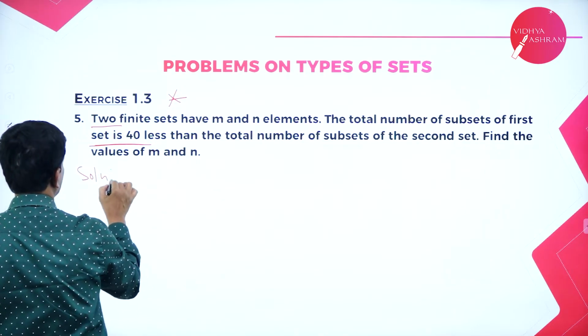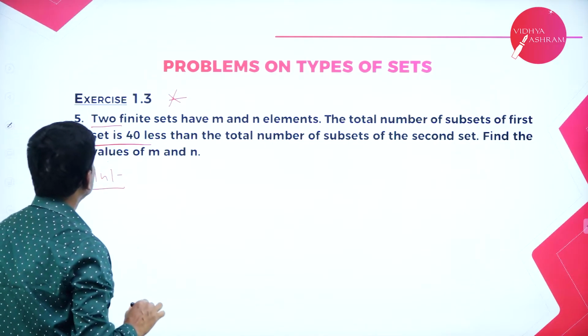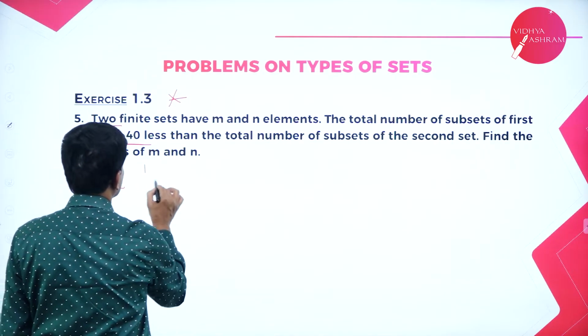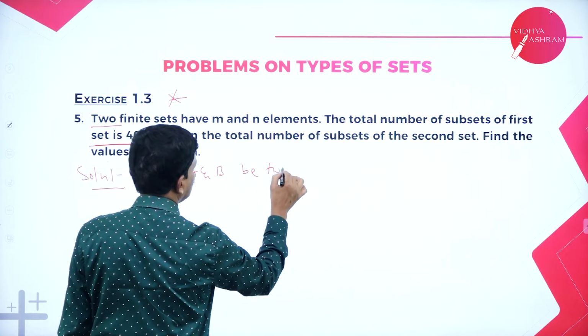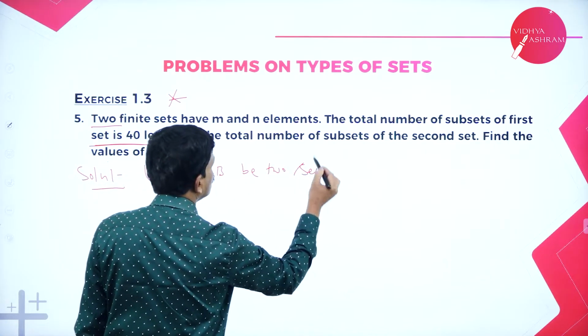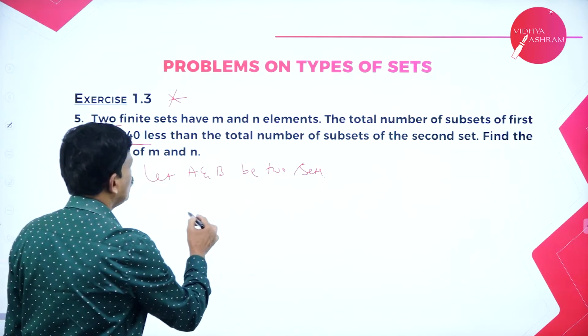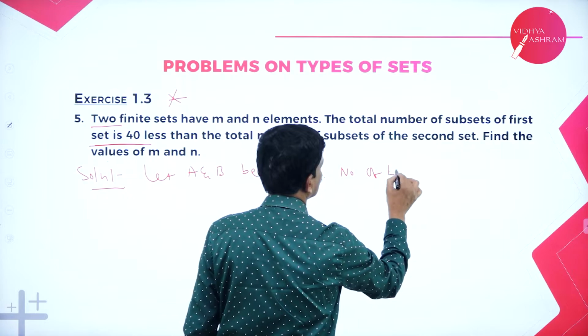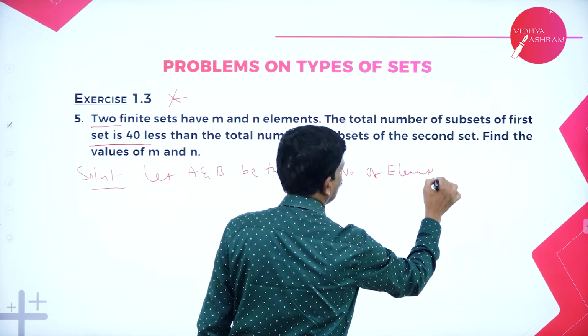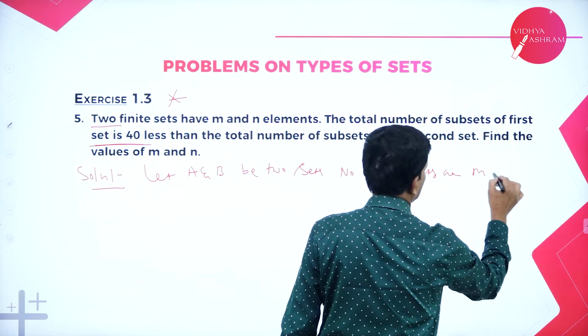Now what is given here? Let A and B be two sets. The number of elements in set A and set B are m and n.